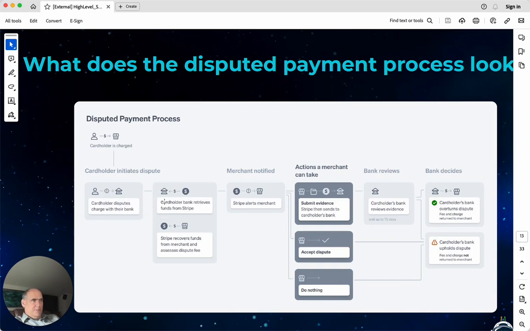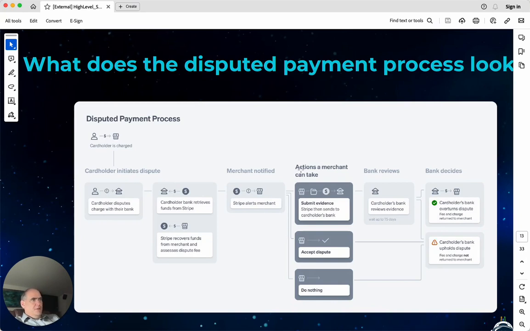The very first thing that happens is the cardholder's bank retrieves funds from Stripe. Stripe immediately recovers funds from the merchant. There's serious risk there for them, right? Anyway, Stripe alerts the merchant. So they've taken the money already. The cardholder has taken money from Stripe. Stripe has taken money from you, from your merchant account, and then they let you know.